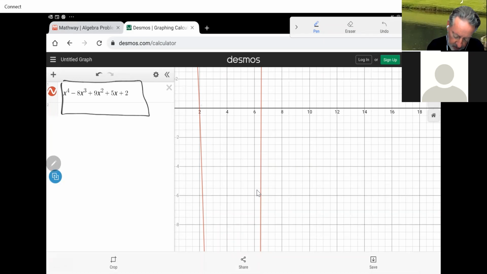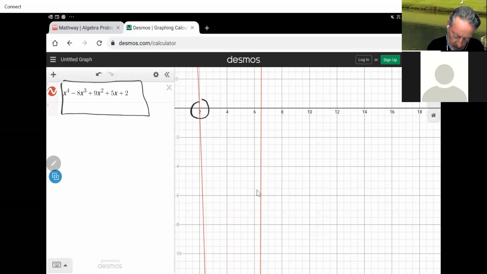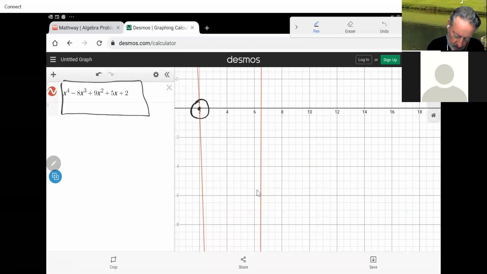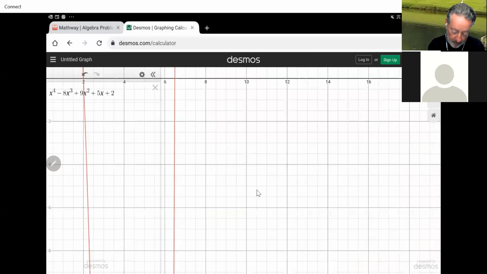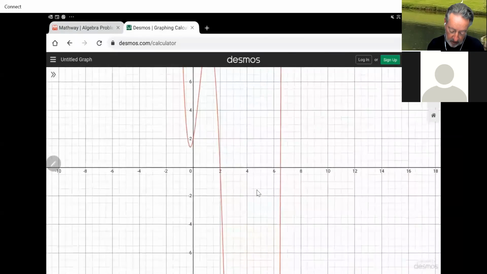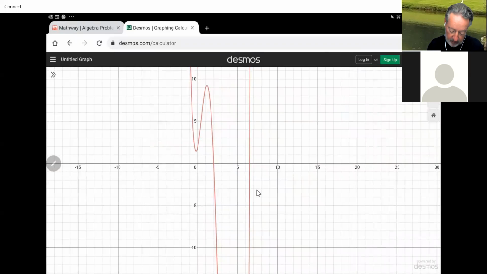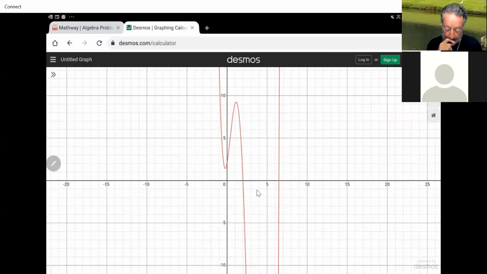And notice that right here this function goes through the x-axis at 2. So by graphing it, I could know right away. That's one way to do it other than synthetic division. And this is what that whole graph looks like. It's kind of a weird looking graph.